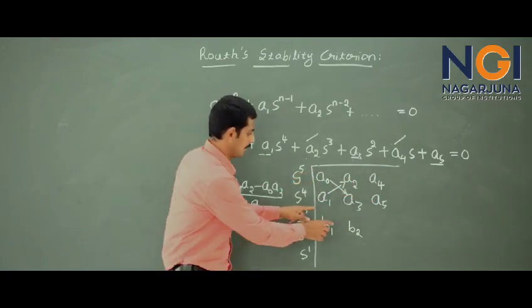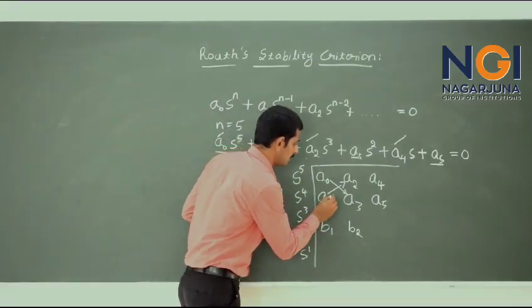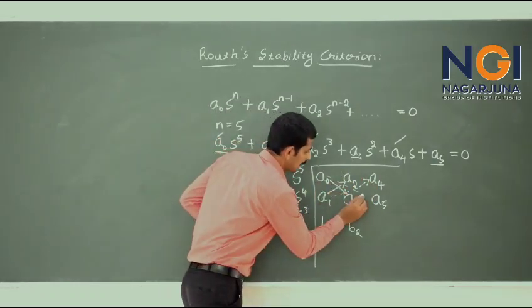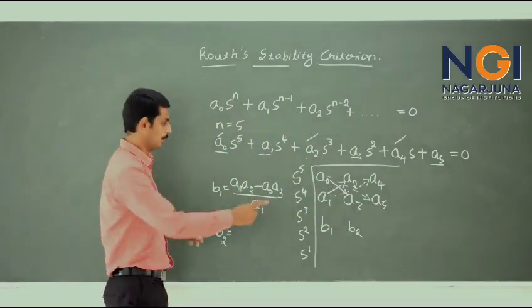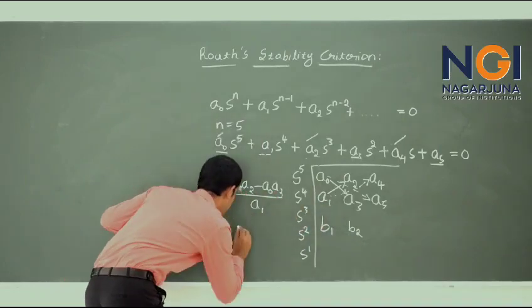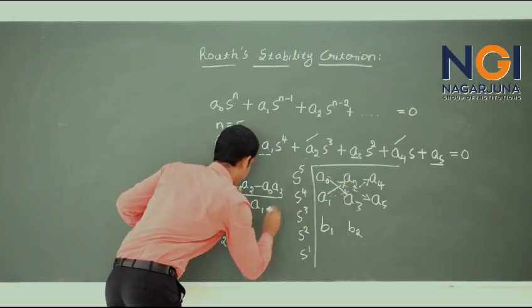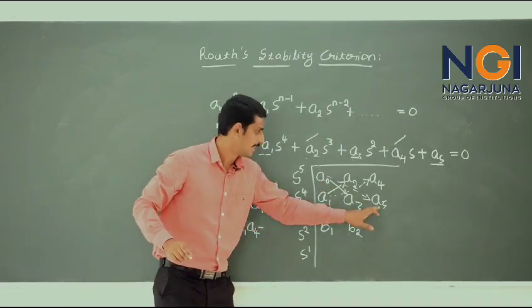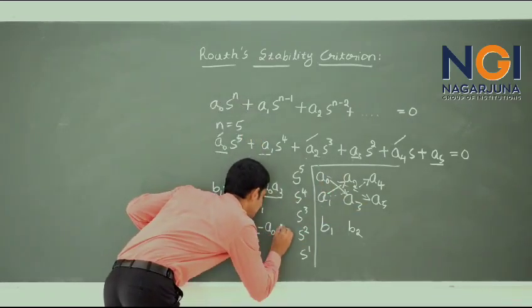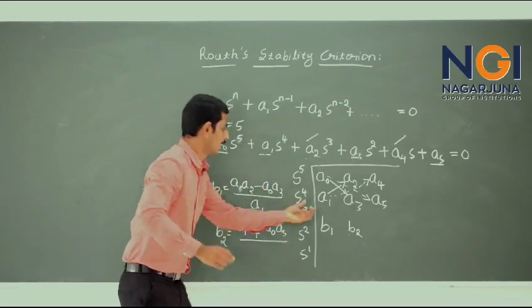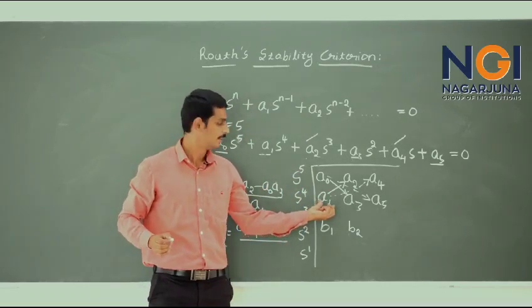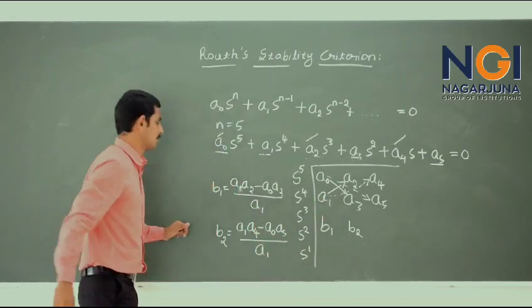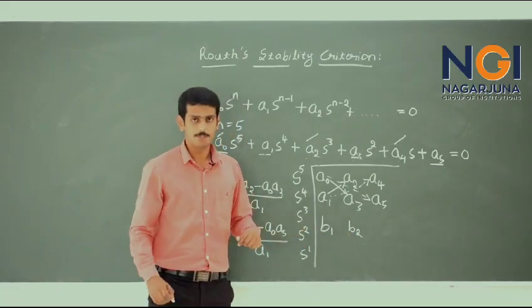So b2 is a1 multiplied by a4 minus a0 multiplied by a5, divided by, again, the first term in the previous row, which is a1. Like that, I have calculated b2 also.